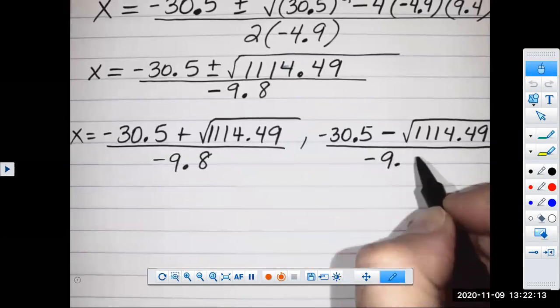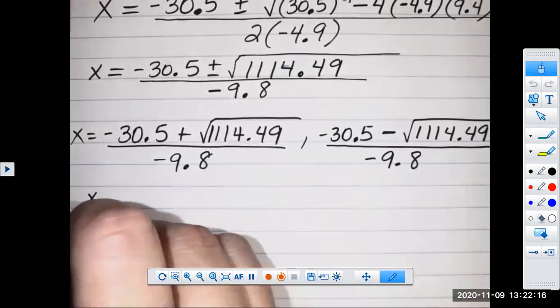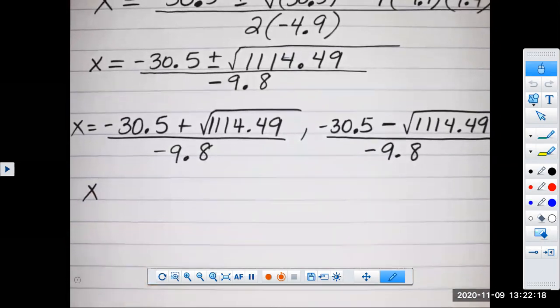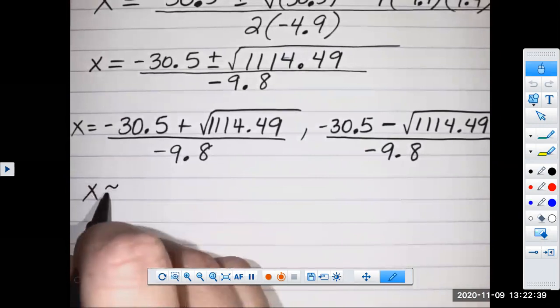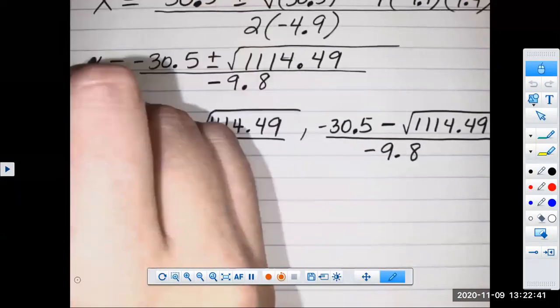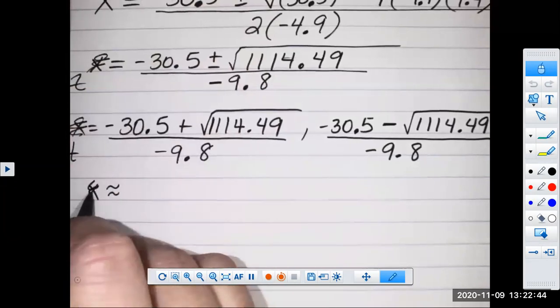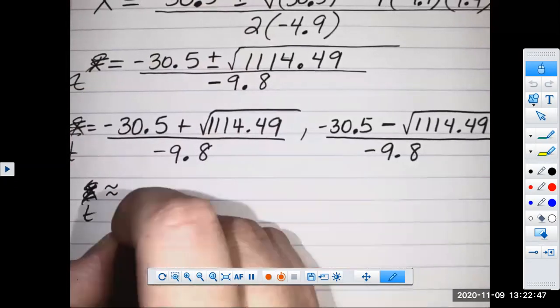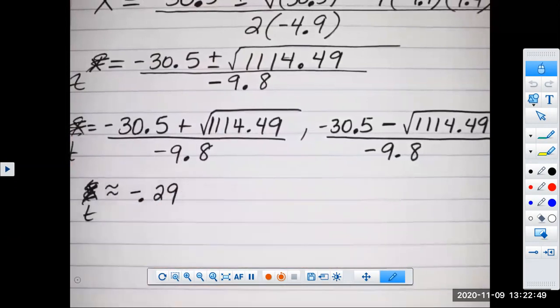Don't y'all love this problem? Okay, now that I have them separated, I'm going to go and type them in. Type in the first one. Okay, when you type in this first answer, you should get, and that should be t, not x, but anyway, you should get that time in that case is approximately negative 0.29.